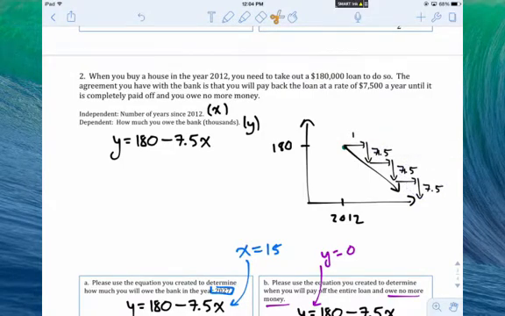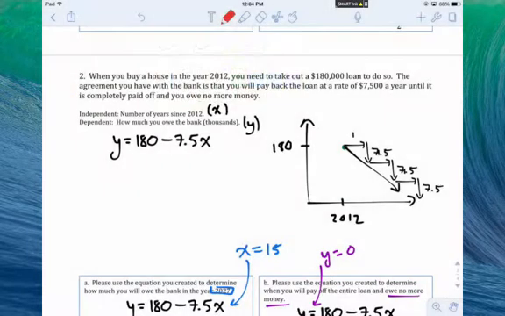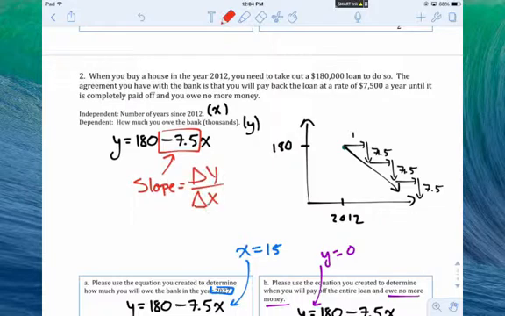And so this 7.5, or even more accurately, this negative 7.5, is the slope of this line describing our relationship here. And remember, we always describe the slope as the change in our dependent variable over the change in our independent variable. For a 1 unit increase in time, in 1 year, you owe 7.5 thousand less. So perhaps I could have even been more accurate and made a negative 7.5, a negative 7.5, a negative 7.5.